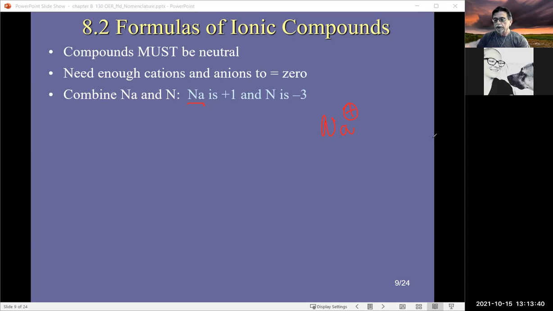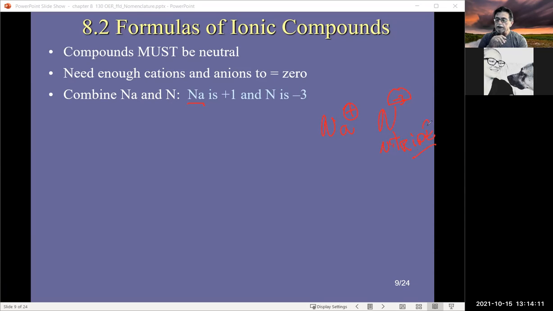Nitrogen is in group 5, so when nitrogen becomes an ion, it will pick up 3 electrons. Remember, the driving force is the octet. With respect to the name, the non-metal changes its name: nitrogen becomes nitride.